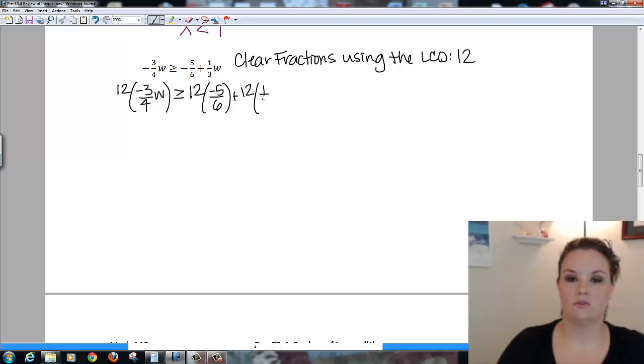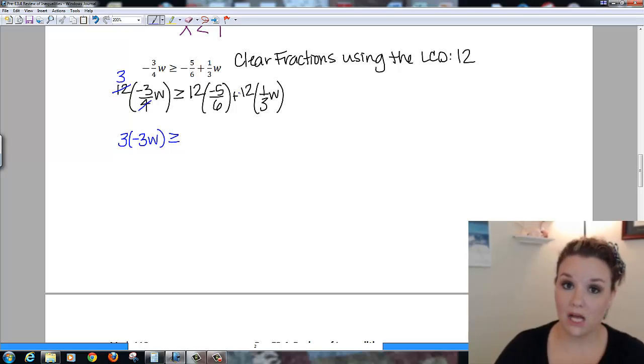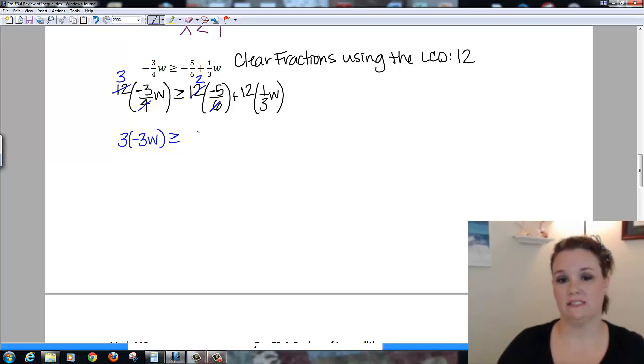Okay, so 12 times -5/6 plus 12 times 1/3 w. And notice the reason I'm doing that is because now I can reduce my fractions away. Because here 4 goes into 12 3 times. So I'm left with 3 times -3w is greater than or equal to. And notice I multiplied by a +12. If I multiply by a +12, that doesn't affect my symbol.